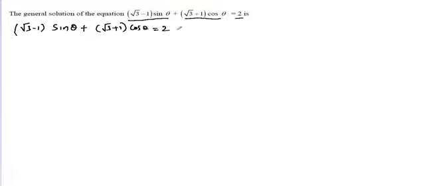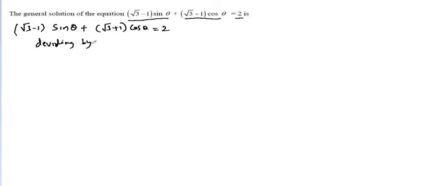The general solution of the equation root 3 minus 1 into sin theta plus root 3 plus 1 into cos theta is equal to 2. Here is the given equation: root 3 minus 1 into sin theta plus root 3 plus 1 into cos theta is equal to 2.